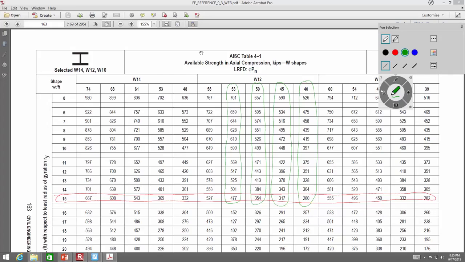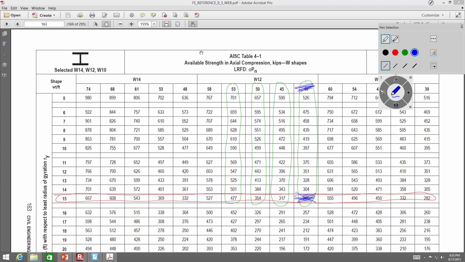So what this is telling me is, like, if I look at the W12 by 40, if the column is 15 feet long, that's telling me it can hold up 280 kips. Is that column any good? No, because our load is 470, right? This one's no good. Can't use that one. What about 45?